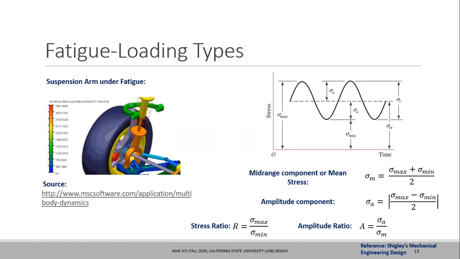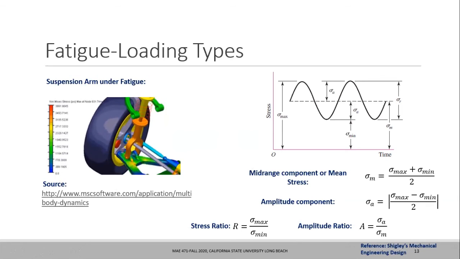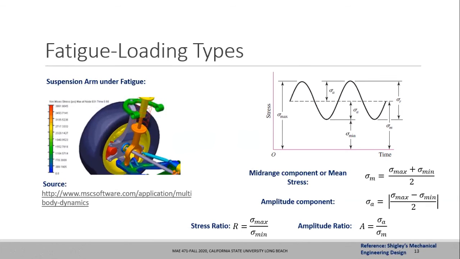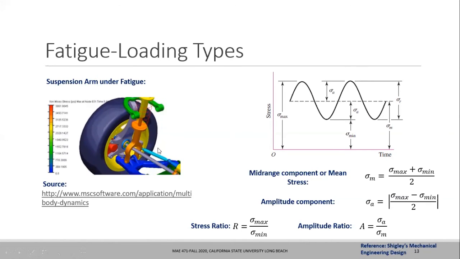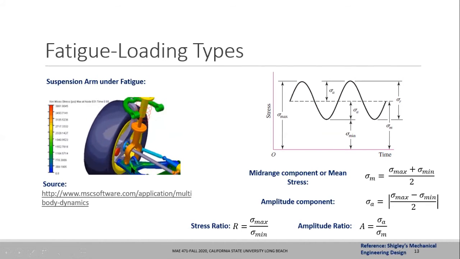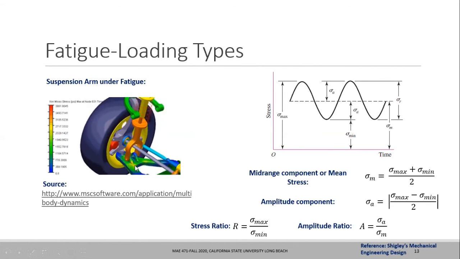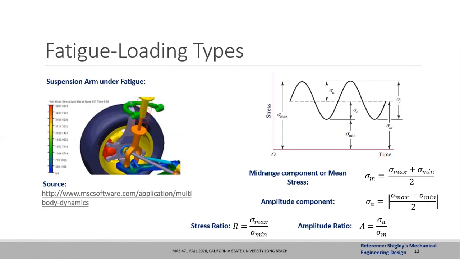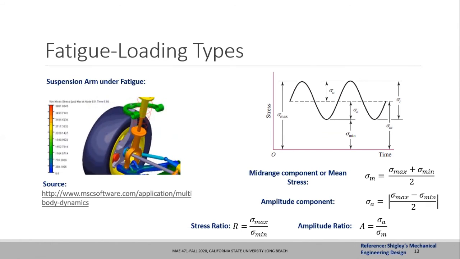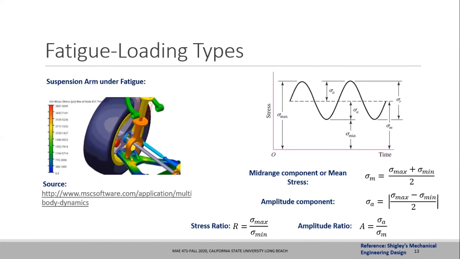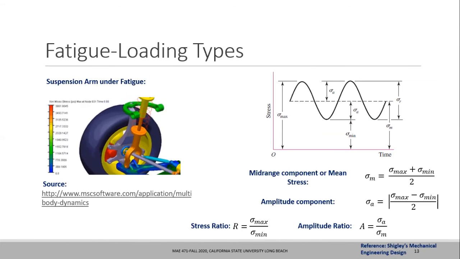But the whole takeaway message is that for any component undergoing different amounts of stress depending on the loads, you can do the simulation or measure it using strain gauges and find out the maximum stress and the minimum stress in the material. Those are the two values that you need for calculating the fatigue factor of safety and number of cycles to failure.